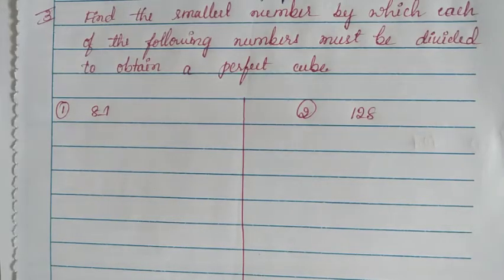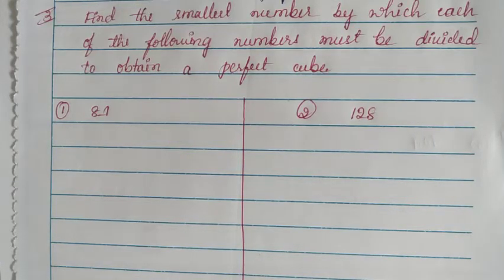Okay children, now come to the third question of your exercise 1.1. See now what is asked here. Find the smallest number by which each of the following numbers must be divided to obtain a perfect cube. Children, all of you recall we have already learned about this in your previous video class.